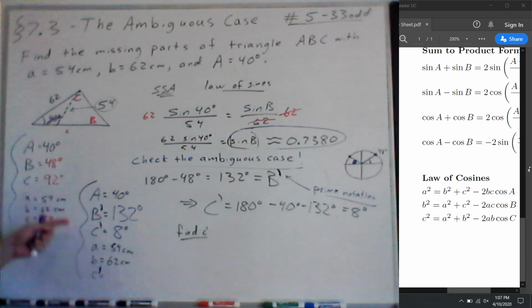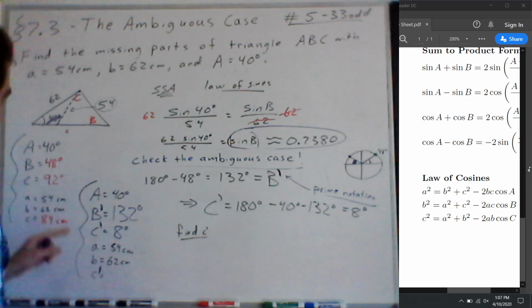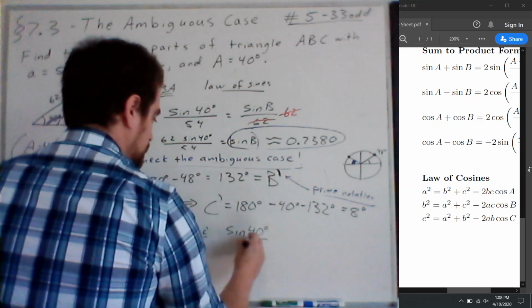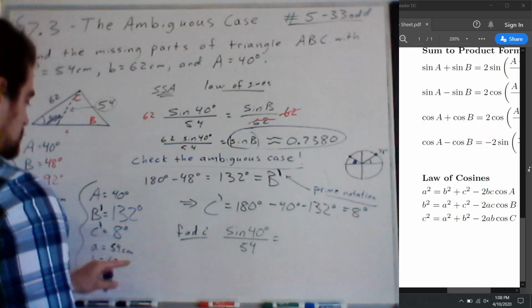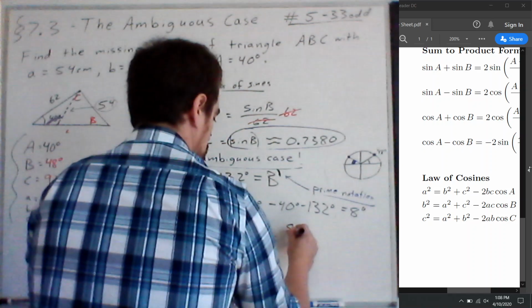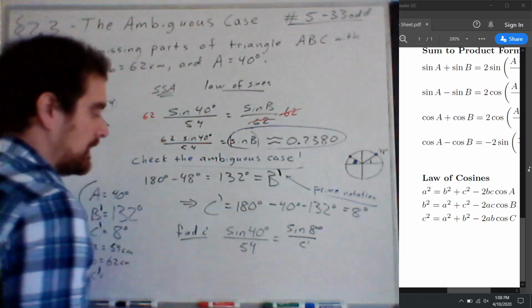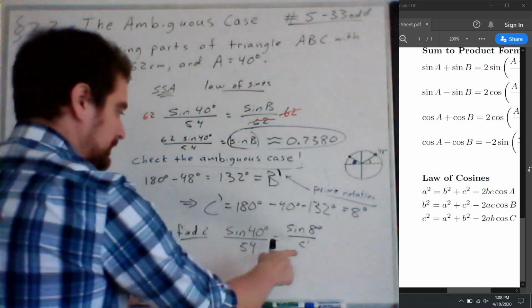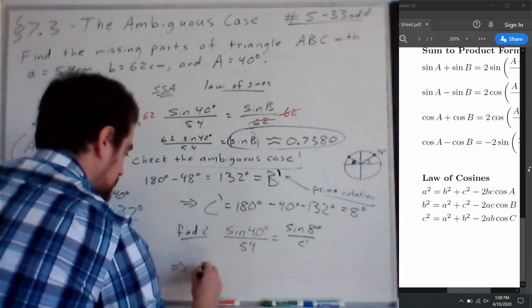Which again, we can start using law of sines. We can say back to sine of A, which is 40, over A, which is 54, is equal to sine of, now I'm using C prime, 8 degrees, over little c prime. Again, cross multiplying, so you can see I'm doing the same work, but I'm doing it now for the skinnier version of the triangle.